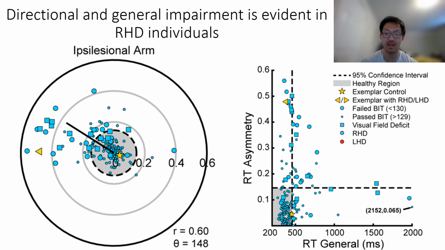We can see an L-shaped distribution where right hemisphere damaged individuals can present with impairment in only reaction time asymmetry or only reaction time general, but there are also individuals that have impairment in both parameters. About 35% were impaired in reaction time asymmetry, and 32% of right hemisphere damaged individuals were impaired in reaction time general. Taken together, we identified a total of 48% of individuals impaired in reaction time.